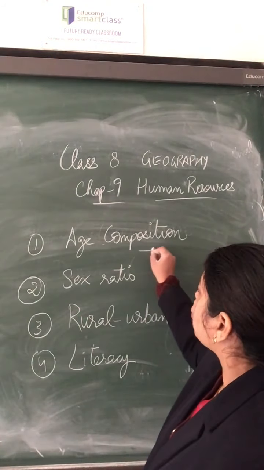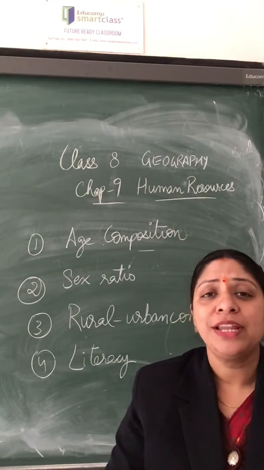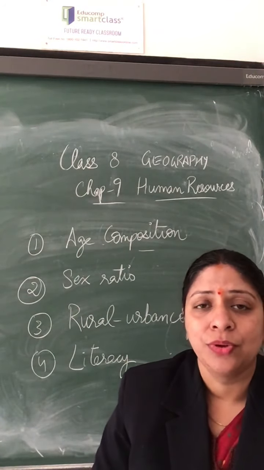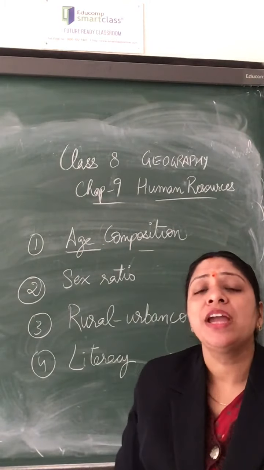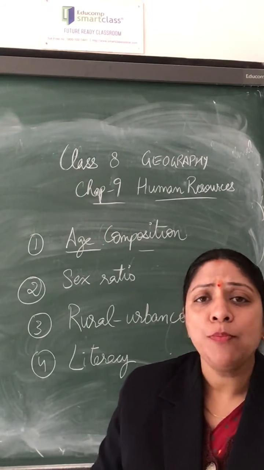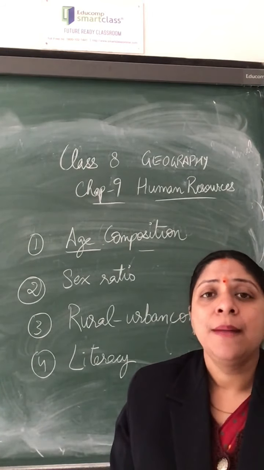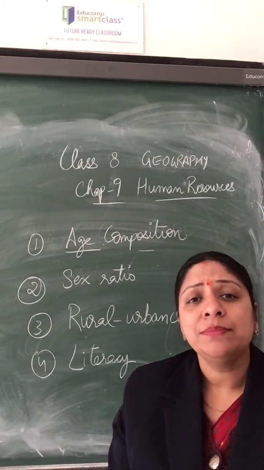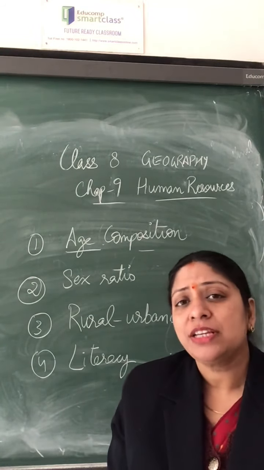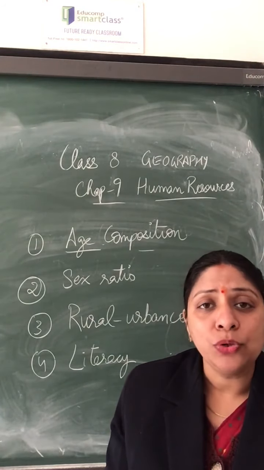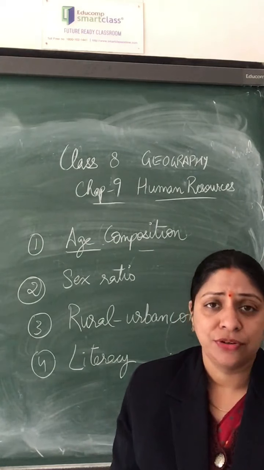In age-sex composition, the population is divided into three criteria. Because it says age, we are dividing the full population of the country into three categories. The very first one is the people, especially the children, who are under 15 years of age.